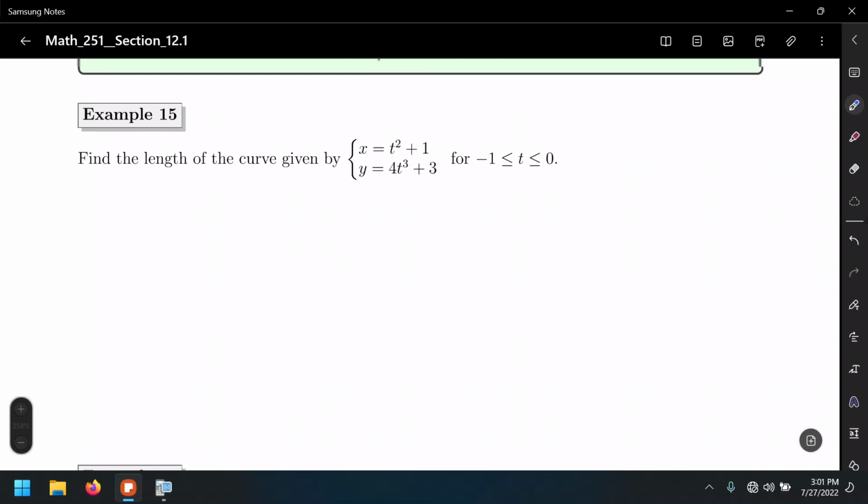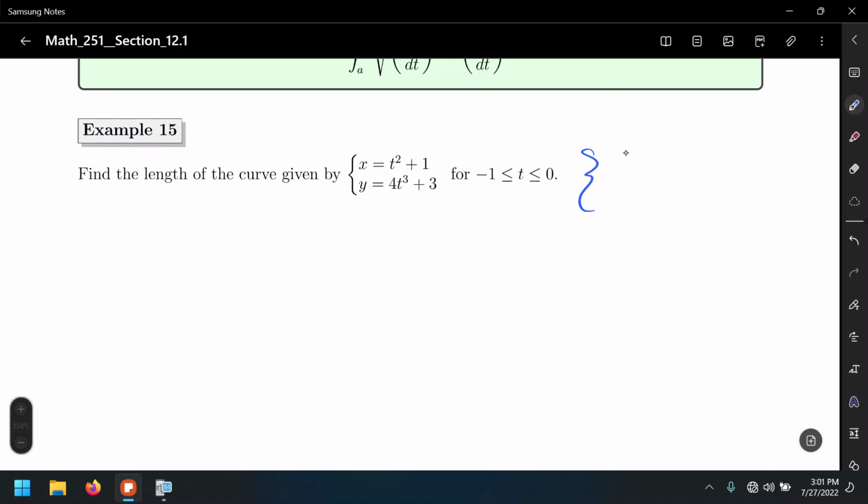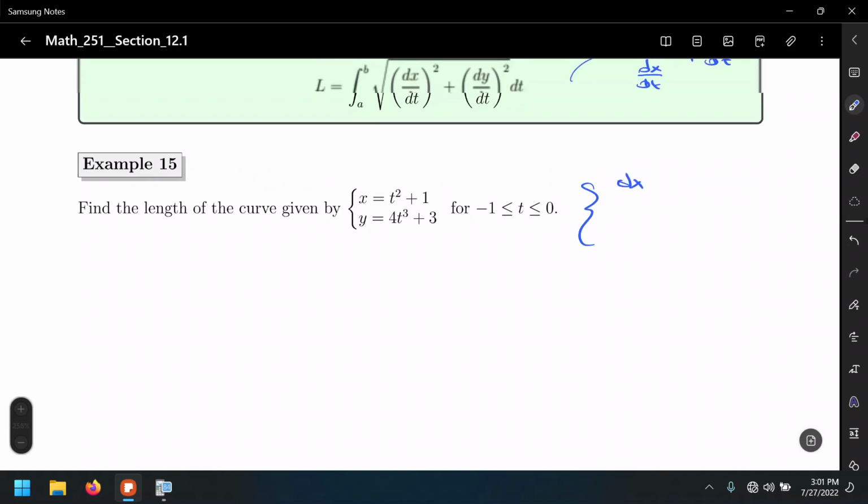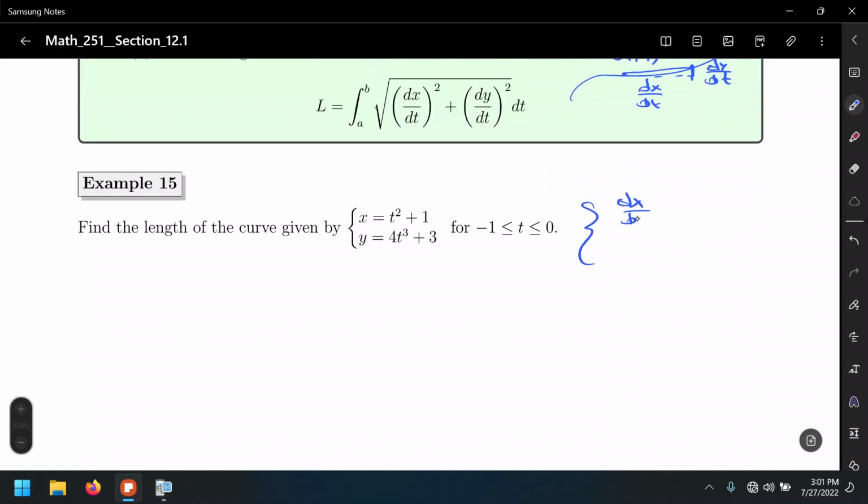So all we do is, number one, let's find the derivatives, dx/dt, dy/dt. And well, that's 2t, and that's 3 times 4, that's 12t squared. Just differentiate basic polynomials.